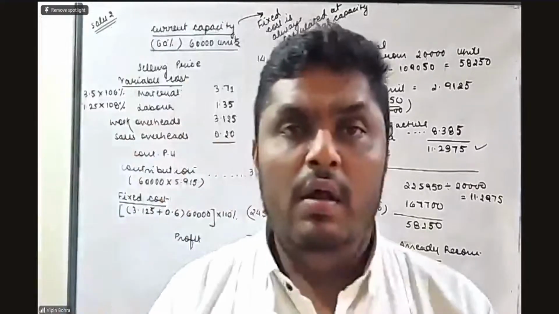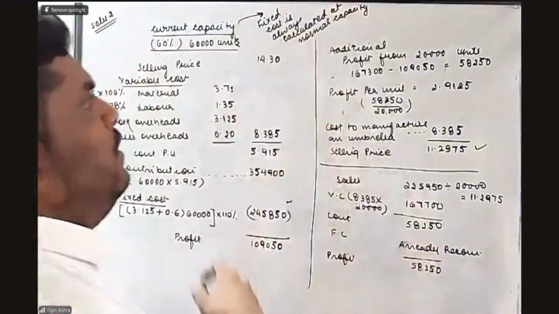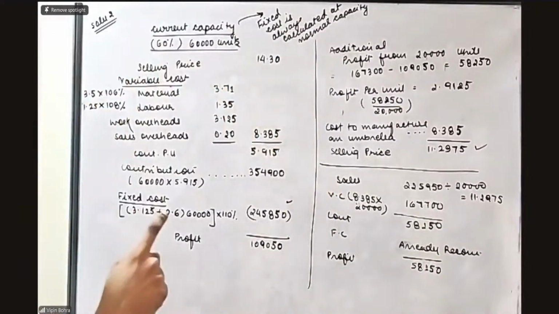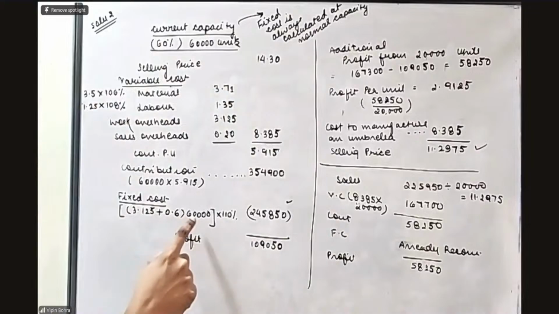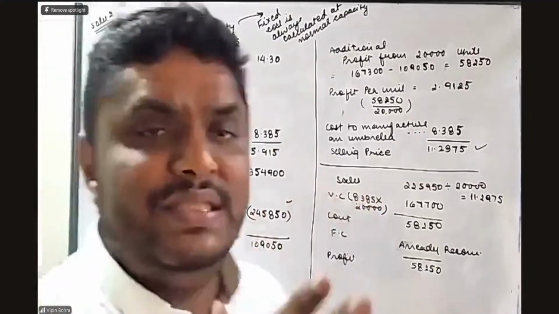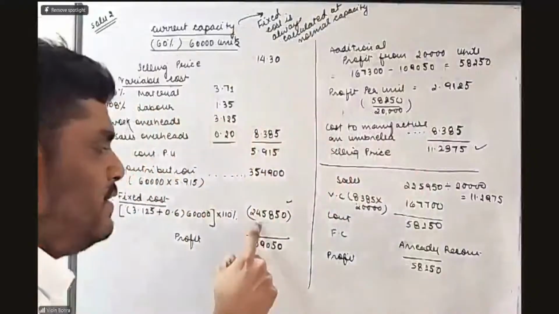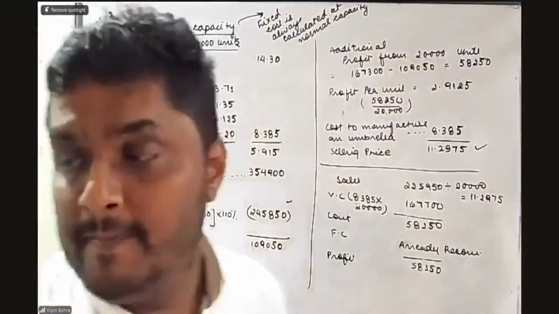As I said, Arun, fixed cost is always calculated at normal capacity, and my normal capacity is 60,000 units. So this is the total cost into 60,000. This will remain the same now. Even if you manufacture 1 lakh units, this cost will not change.